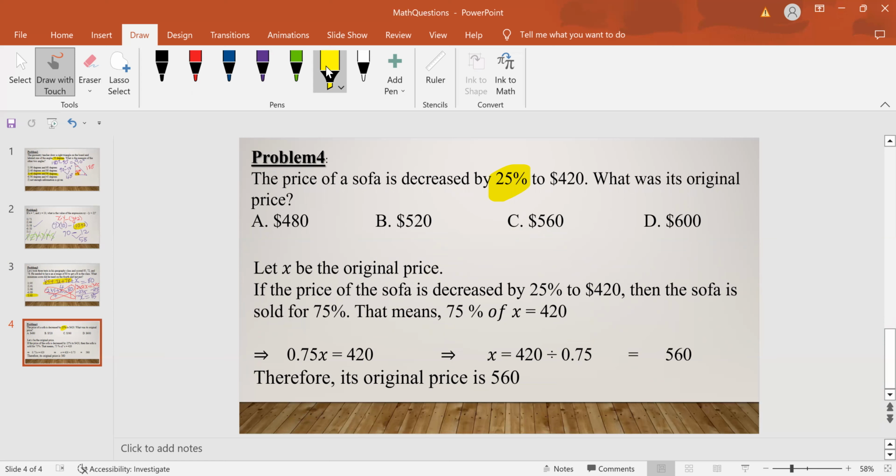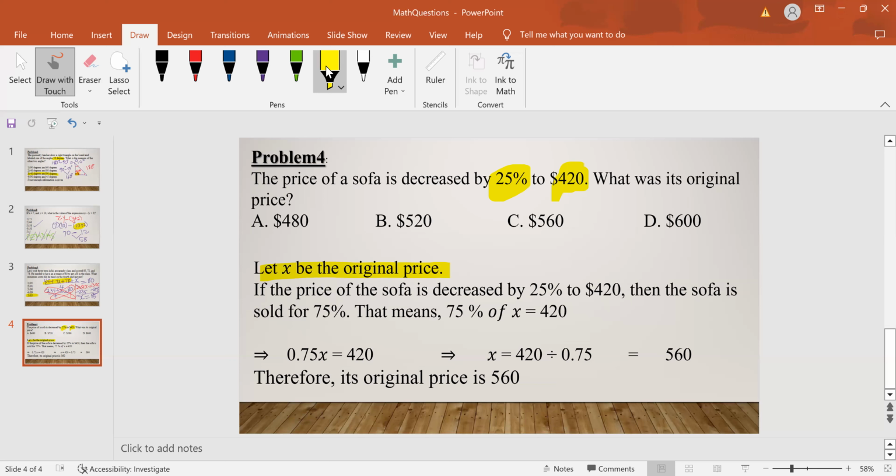Another way to understand this is that if they decrease the price by 25% and they get 420, that means three quarters of the original price is 420. To solve this question, we let x be the original price because everything here is based on the original price.